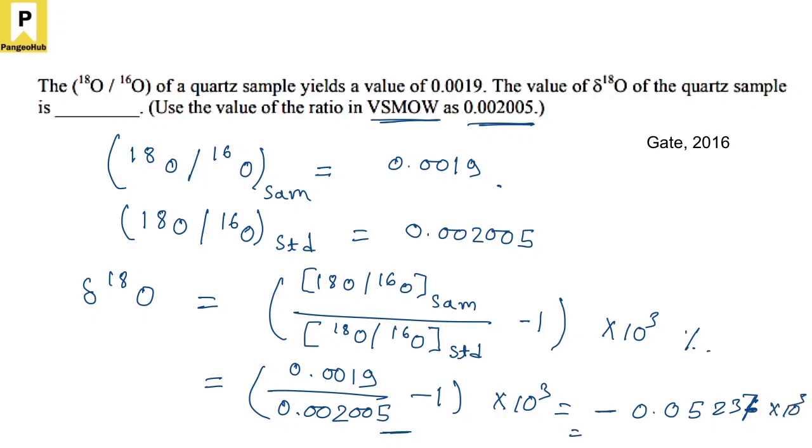So it will be minus 52.37 per mil. You have to see how many decimals are required, and you can adjust it accordingly. If we want one decimal place, it will be minus 52.4 per mil.